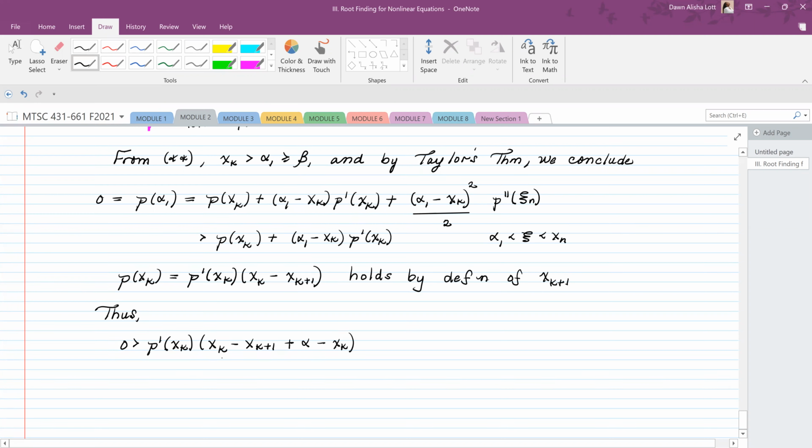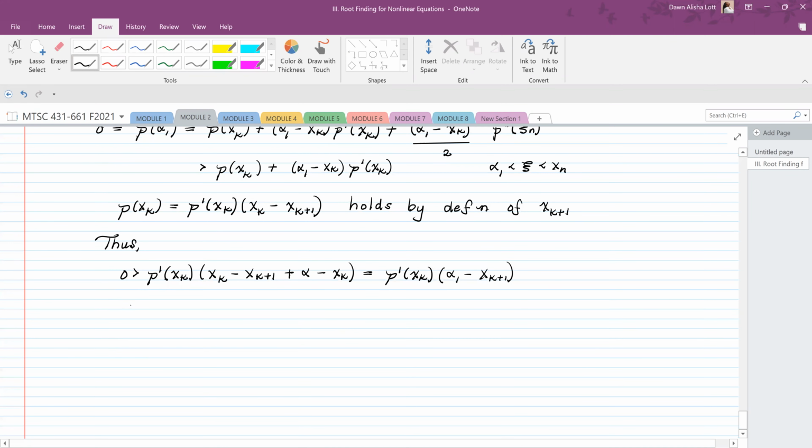Notice how I put x_k in there, but that's just equal to P prime of x_k times alpha 1 minus x_{k+1}. And x_{k+1} is going to be bigger than alpha 1. This follows since P prime of x_k is greater than 0.